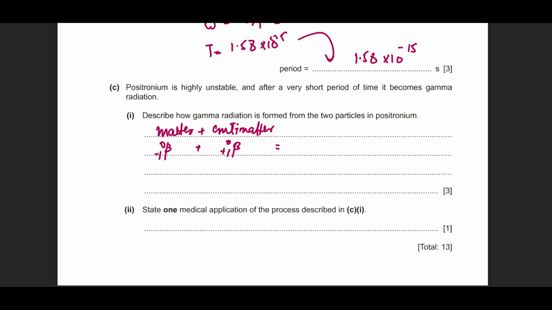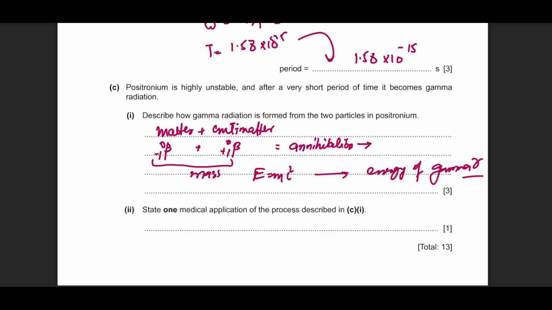The process of annihilation takes place, and annihilation releases energy by mass-energy conservation, where this mass is converted according to the equation E = mc² into pure energy of the gamma ray photons. So I've explained the process to you. You can write this down in English.